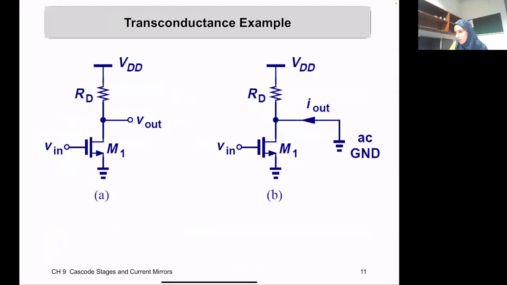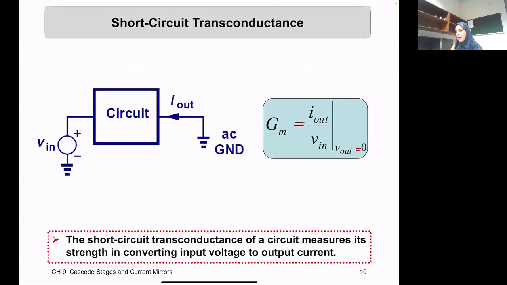Okay, so now, we find this capital GM of our circuit by finding the ratio of our output current divided by the input voltage when we are shorting the output.